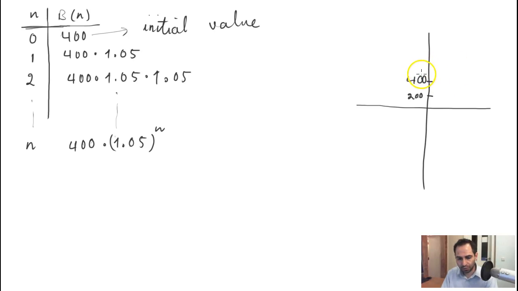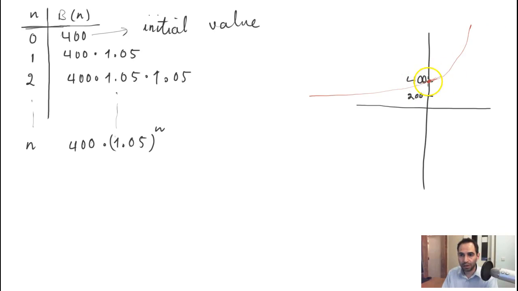Your function would go through the y-axis at this point, and then keep going up like this, maybe at a slower rate. I'm not sure about this, but it's going to be something like this.